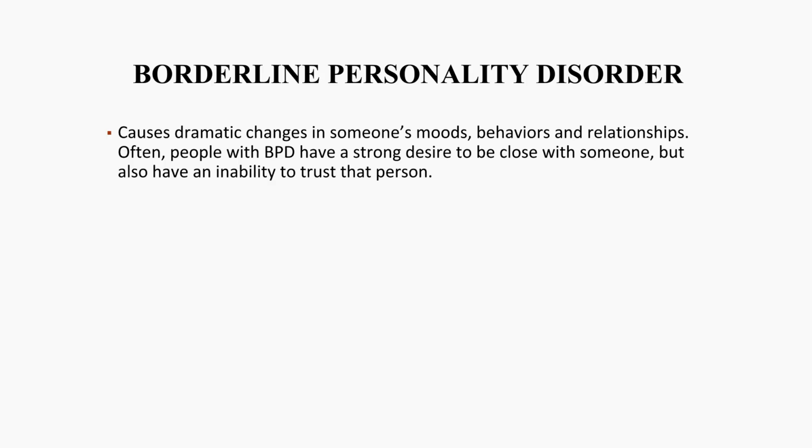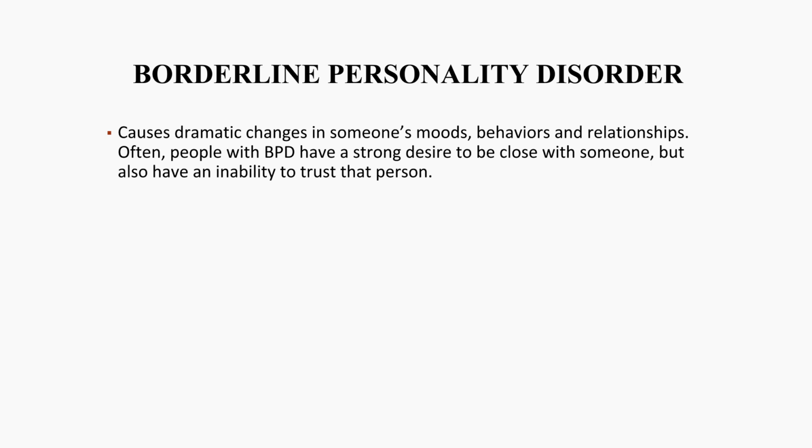Often people with BPD have a strong desire to be close with someone but also have an inability to trust that person. So, their relationship can be a constant push and pull of phases where we say, please stay with me. So, this is a phrase we can apply for them, and get away from me.